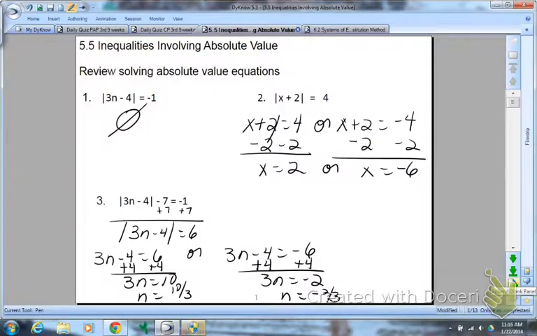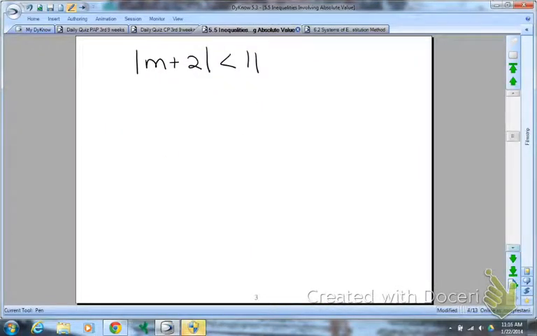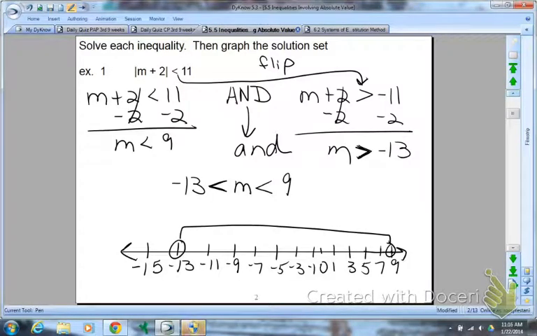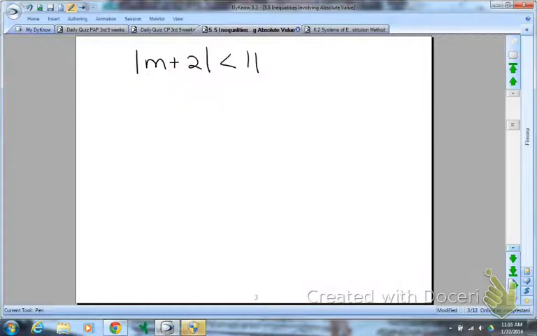Now, I'm going to show you another way of doing this. This is a shortcut. So write the problem down a second time. Absolute value of m plus 2 is less than 11. Notice that the final answer was an in-between where we had m in the middle and less than signs on both sides, and the graph came in together.